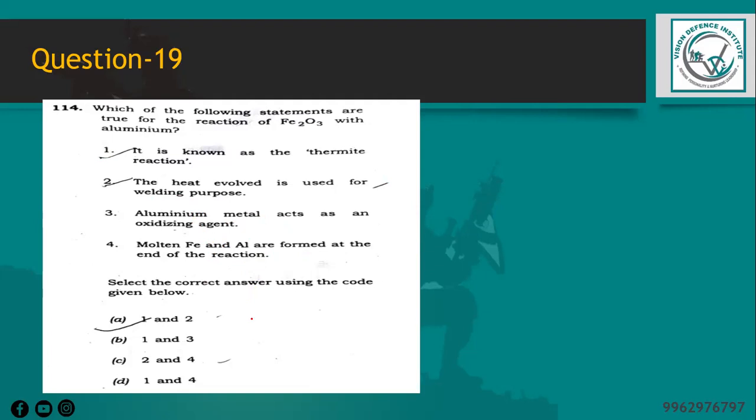So the reaction between Fe2O3 and aluminum is known as the thermite reaction. This reaction is used for welding purposes, right? Because a large amount of heat is released during the reaction.